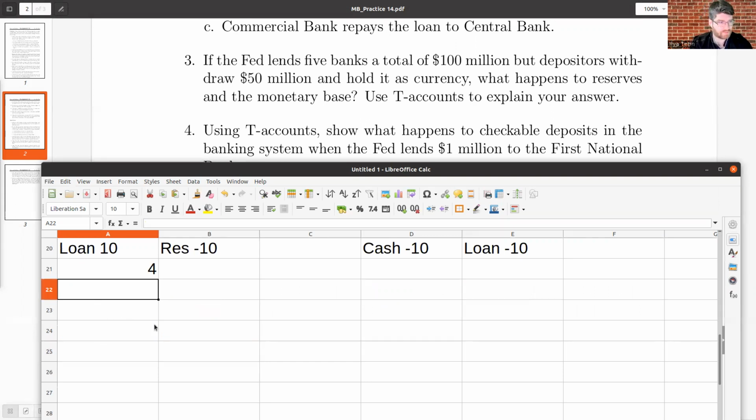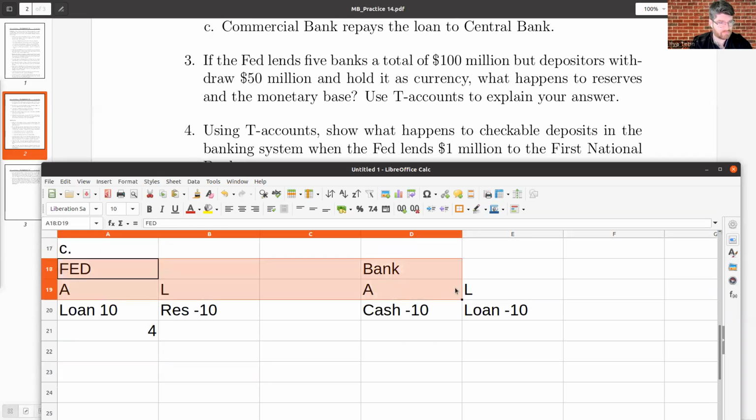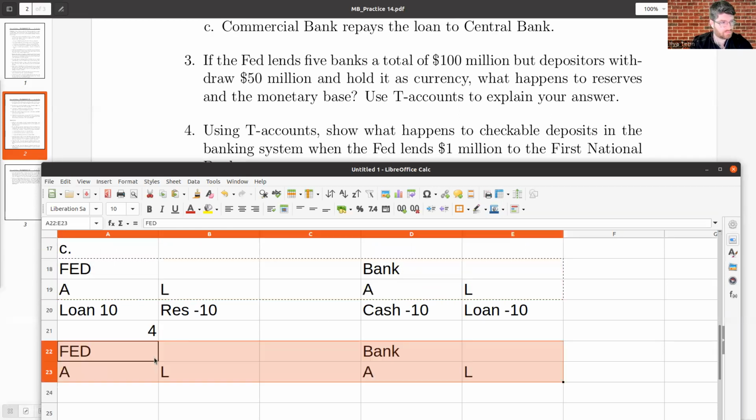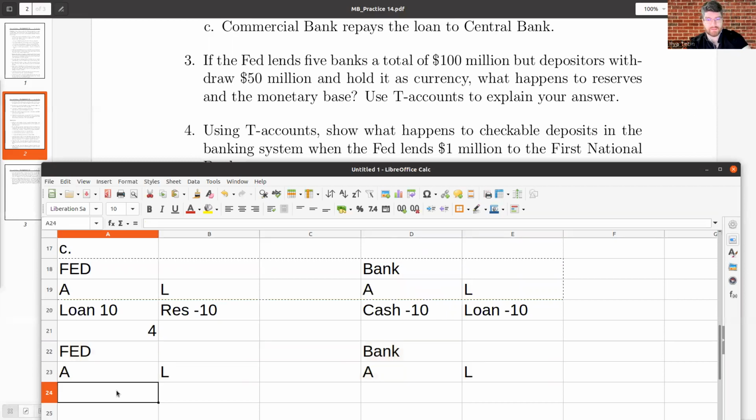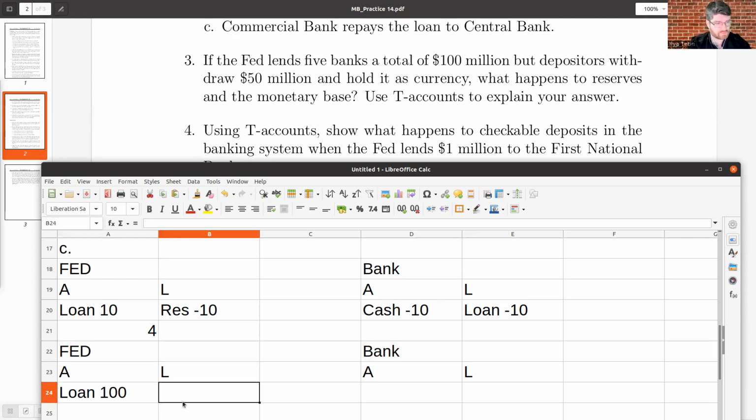Again, the Fed and the bank will be placed in the beginning. The Fed provides, but depositors withdraw. So asset for the Fed, loan of 100 over here. Reserves to equalize that, also plus 100.